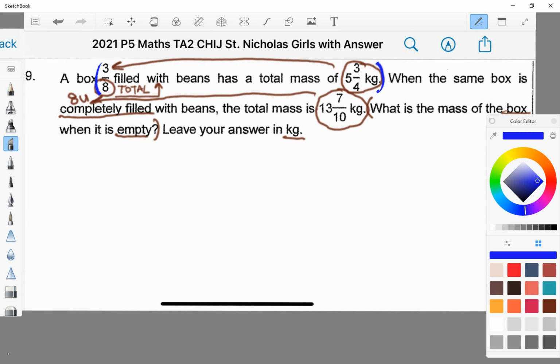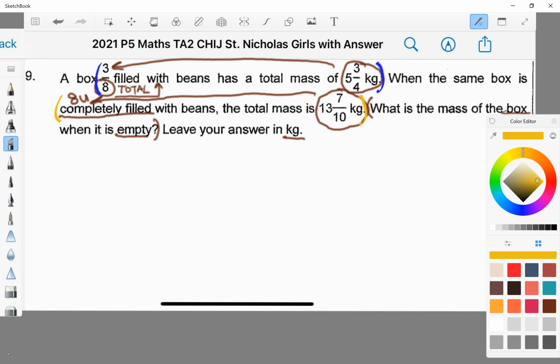And when the box is completely filled, I'll use yellow, the mass of the 8 units of beans, together with the box, is actually 13 7/10 kg.